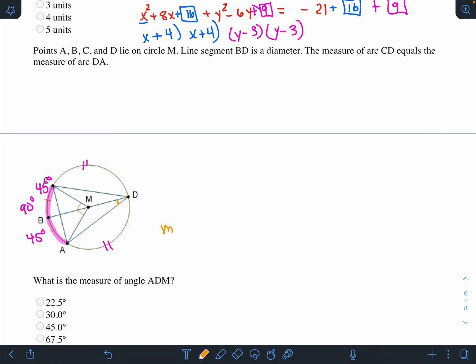So the measure of angle ADM is going to be equal to 1/2 the measure of arc BA. I know the measure of arc BA is 45 degrees. So I get 1/2 of 45, which gives me 22.5 degrees. Now, this is by no means the only way that you can solve it, but it is one way.